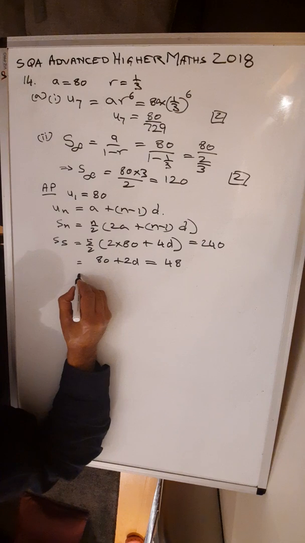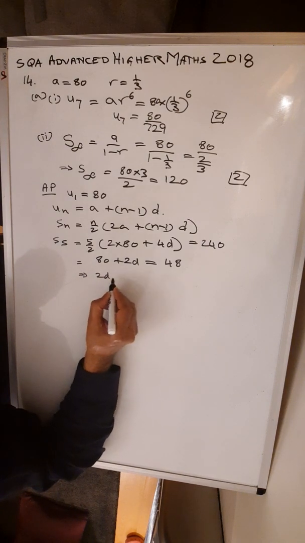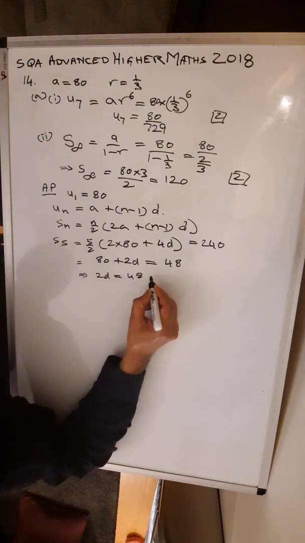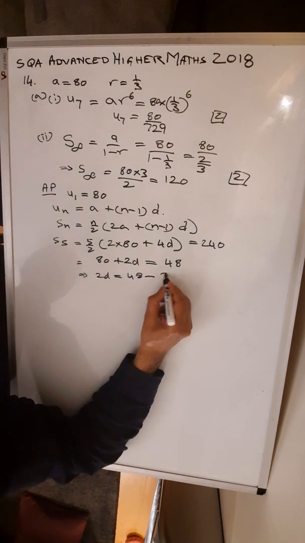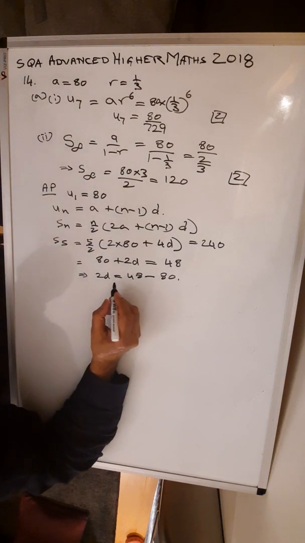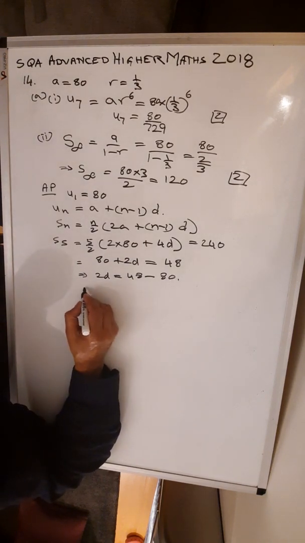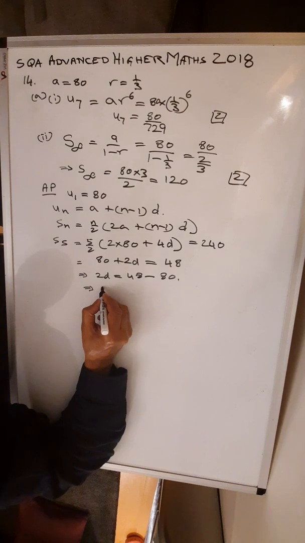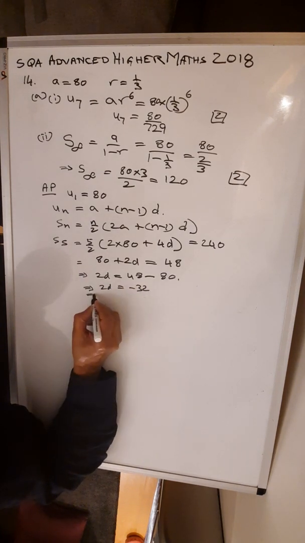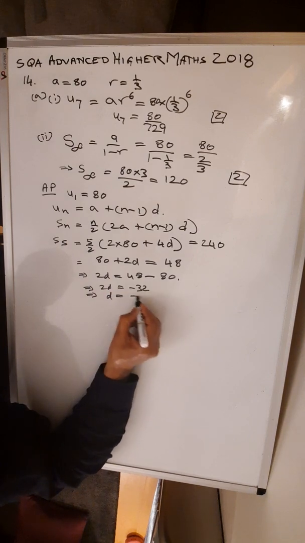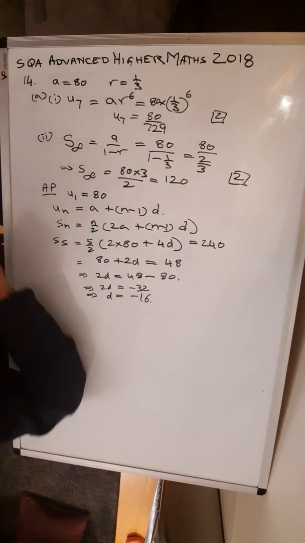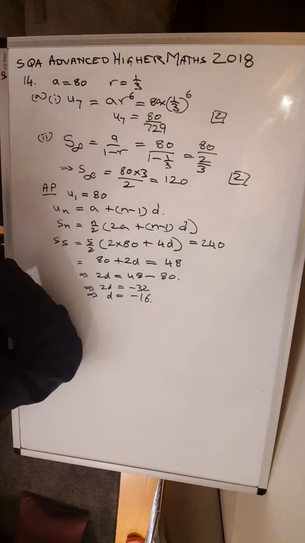So that means that 2d is 48 minus 80, which is minus 32. 2d is minus 32, which means that d is minus 16.